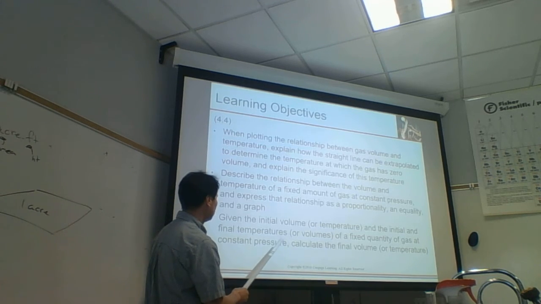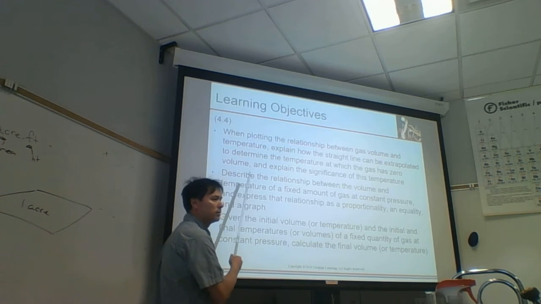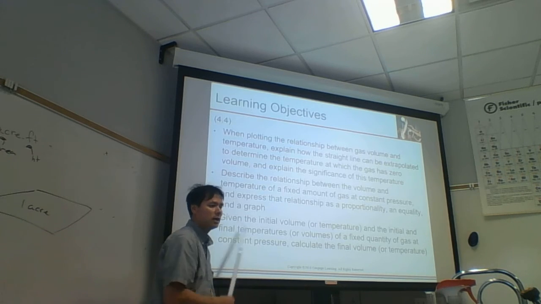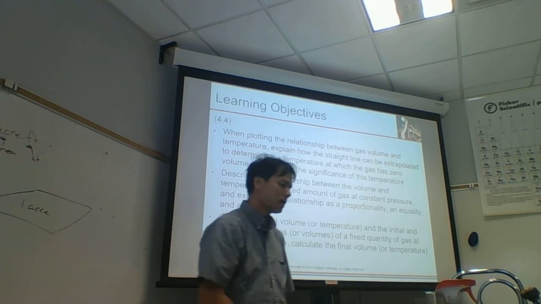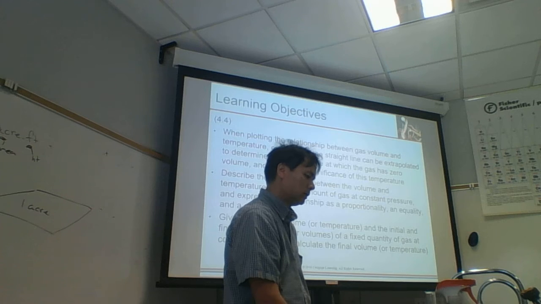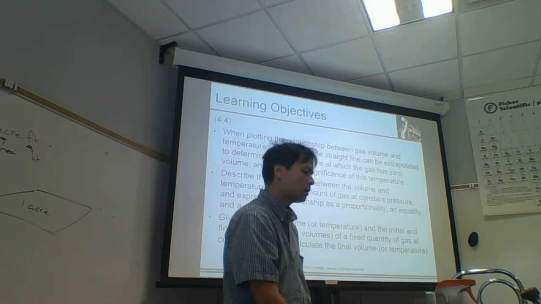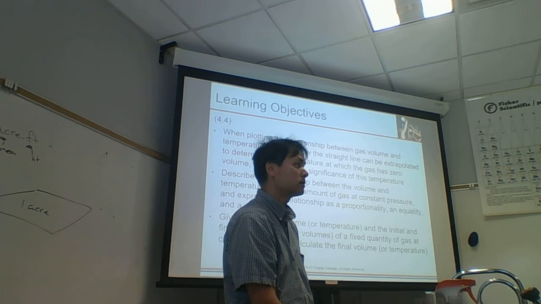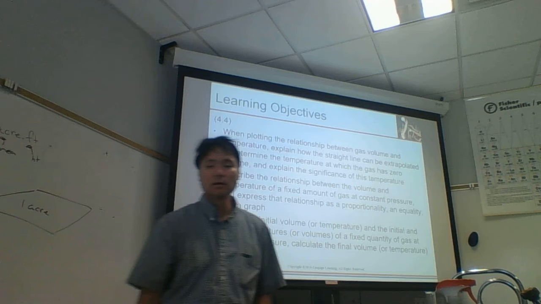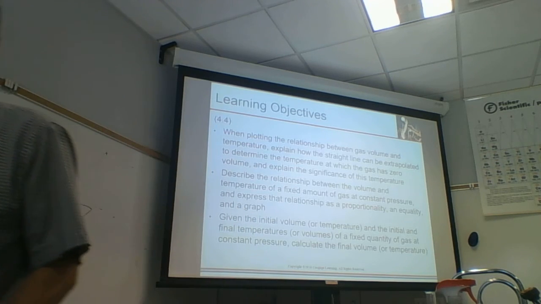Given the initial volume, and okay, so when we look at this, do you know what they're saying here? What they're saying is this. What do we do with the scientific method? We start off with the hypothesis, we start off with the law, or we start off with theory, observations. So we take our observations, and then we come up.